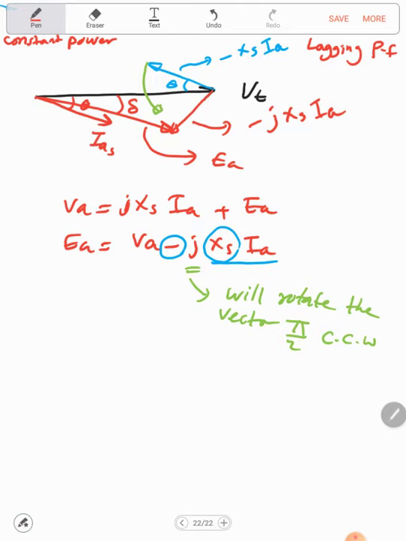So now I will do it here for all the cases: for the lagging power factor, for the unity power factor, and for the leading power factor.